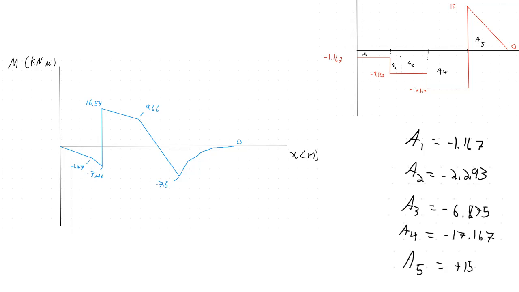Therefore, our change in area as we go from left to right is getting smaller. And so our parabola is opening this way. It's starting off fast, and then it's going closer to zero. It's slowing down. The slope isn't as steep.